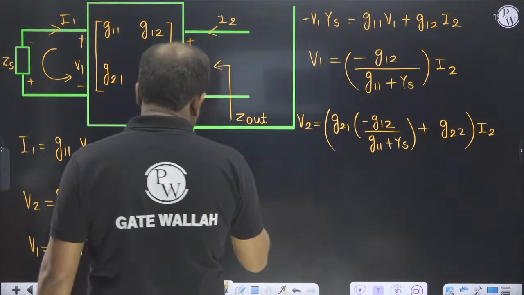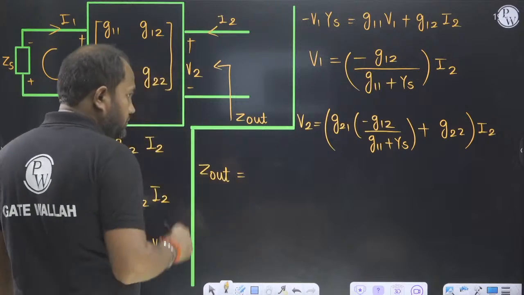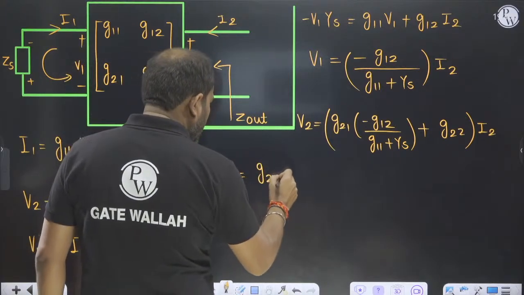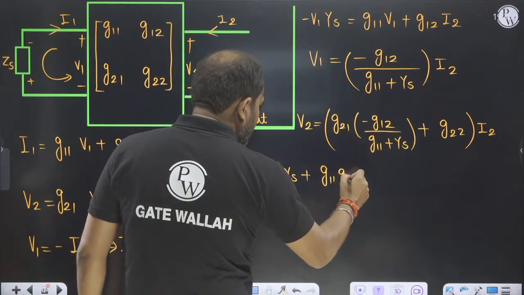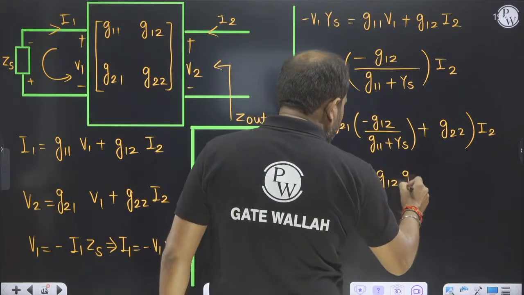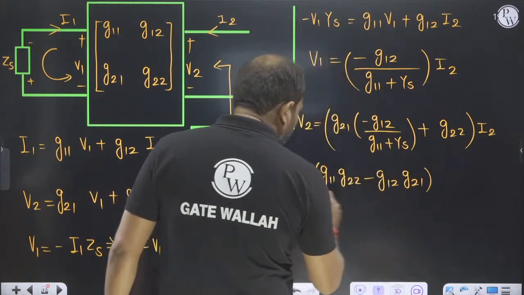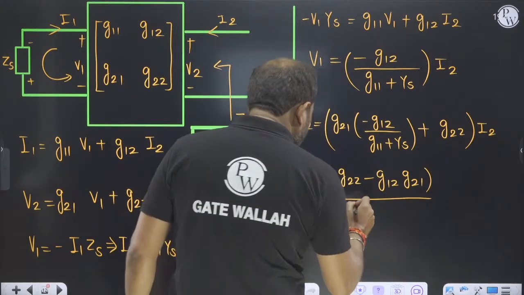So Z out will be equal to G22 YS plus G11 G22 minus G12 G21 divided by G11 plus YS.